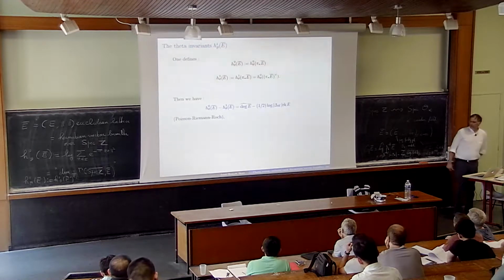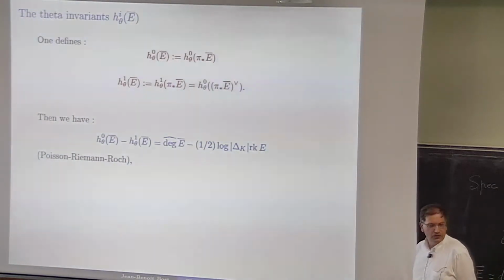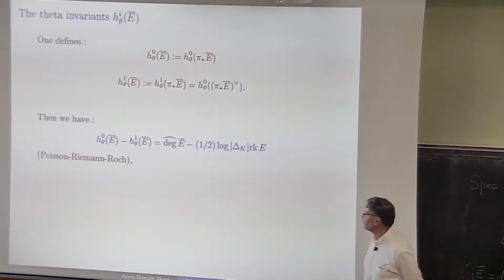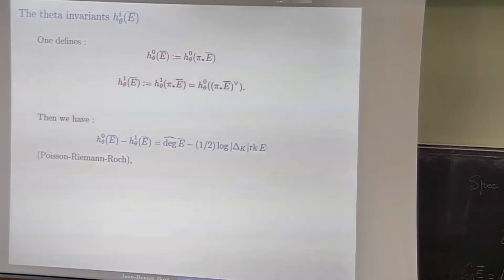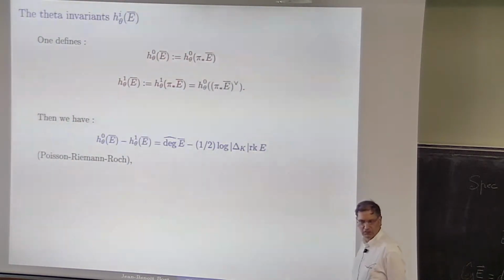And now, the previous formula concerning the degree and so on, and the Poisson-Riemann-Roch formula over Spec Z I explained yesterday, fit together and give you this more general Poisson-Riemann-Roch formula: H0 minus H1 is the degree plus the rank times something that plays the role exactly of 1 minus g.